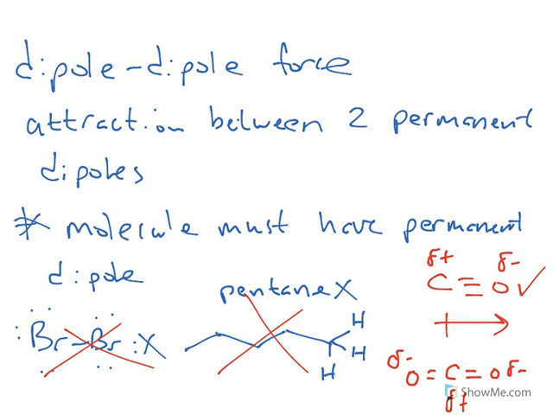So it's like a tug of war. They're canceling each other out. So even though there is a dipole between the carbon and each oxygen, there's no permanent dipole. So carbon dioxide is a no. It does not participate in the dipole-dipole force.